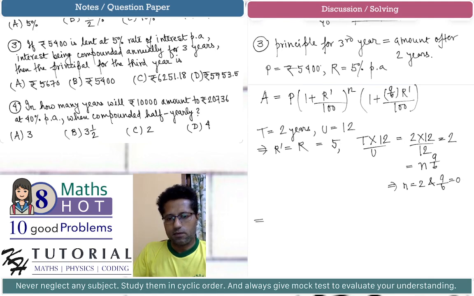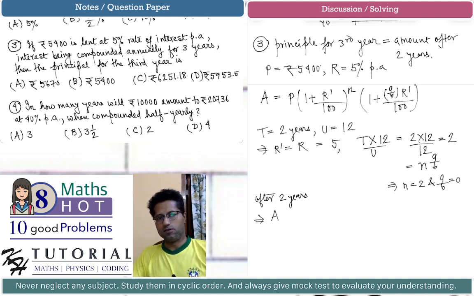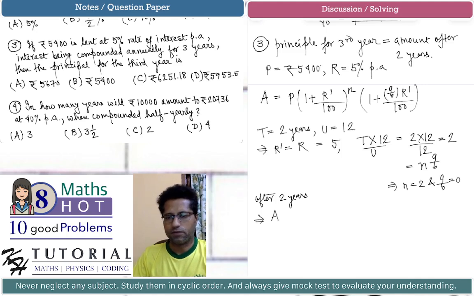So after 2 years, the question has asked to find the principal for the third year, which will be equal to the amount after 2 years. This is the fundamental concept of compound interest: the current principal considered is the amount computed in the previous unit of time.